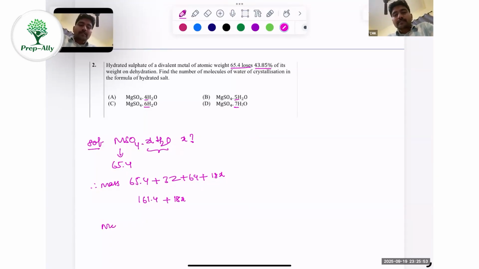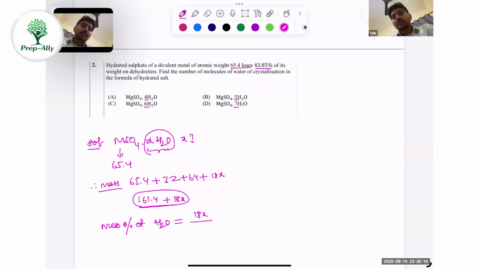Now the mass percentage of H2O, if you want to find it. Here you are finding it for H2O, so the mass of H2O by the mass of all the components. So 18x is the mass of water, by all the components, 161.4 plus 18x.